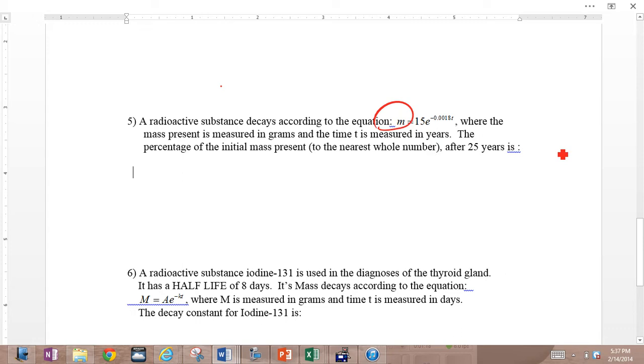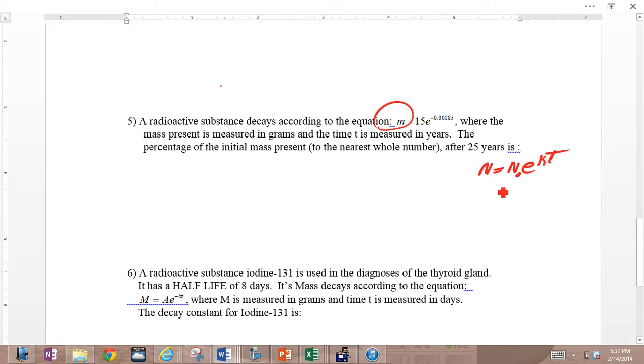Well, again, it's that simple. All we have to do is put 25 into this equation. The future quantity is equal to the present quantity: N equals N sub 0 e to the kt. N is the present quantity, N sub 0 is the initial quantity, because the present quantity should be less than the quantity stated from the beginning.